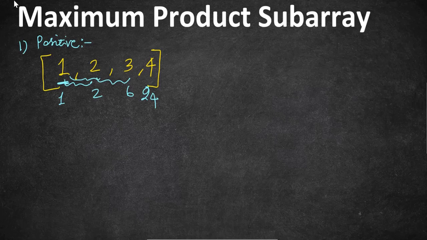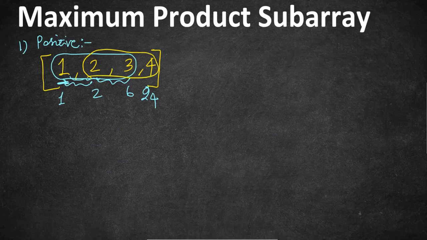So if all numbers are positive, then the highest possible solution could be the product of the prefix values or the suffix values, which is nothing but the product either starting from the first value till the last but one value, or starting from the second value and going till the last value. Why?